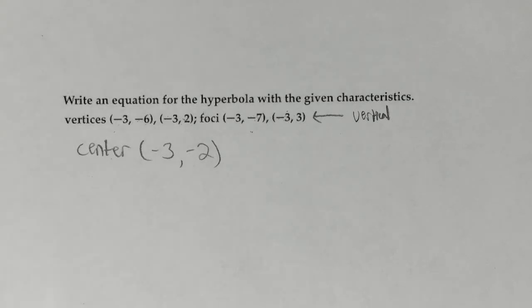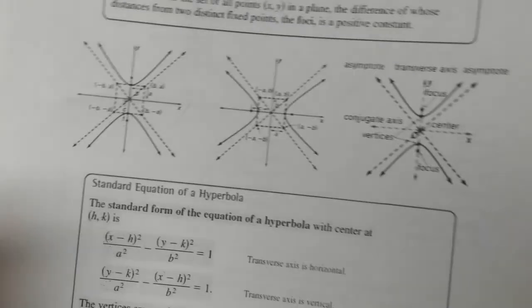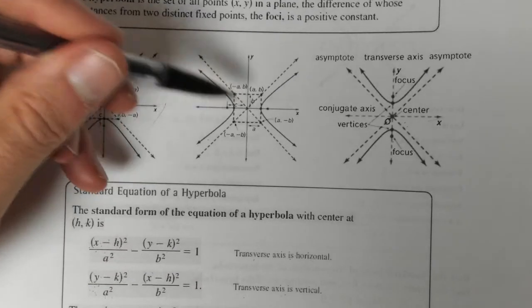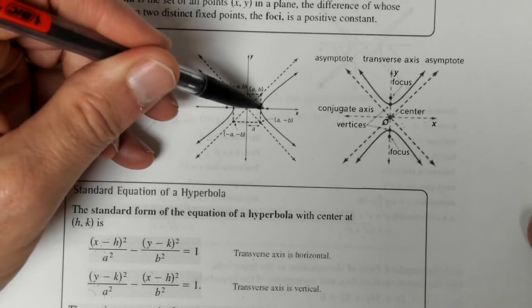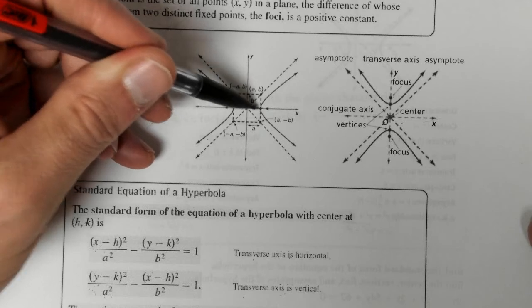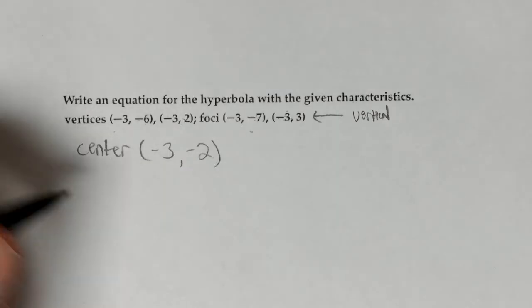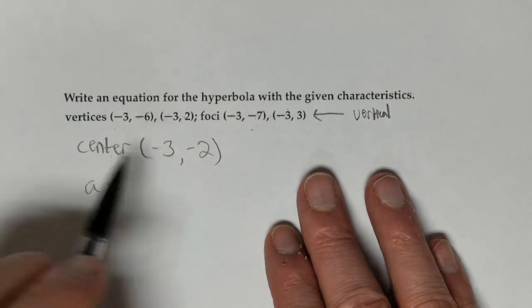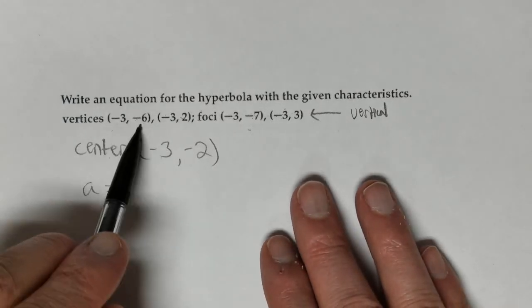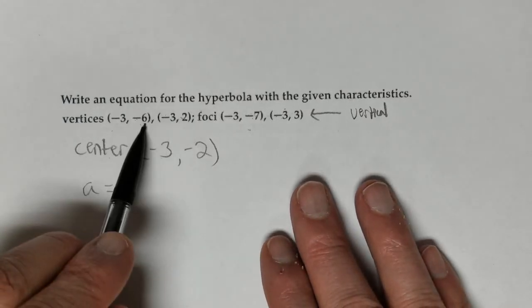Now we need the values of a and b. Well, what is a? Remember, the value for a is from the center to the vertex. So if I count from the center to the vertex, I can get the value of a. From -2 to -6 is a value of 4.